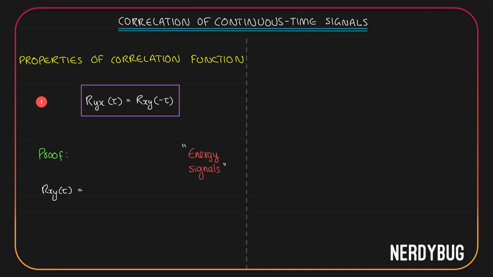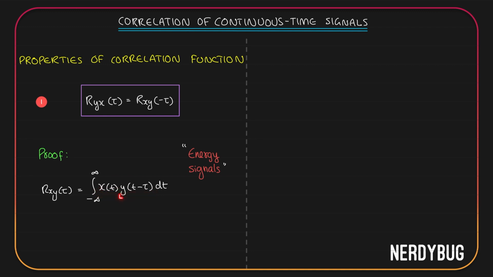r xy of tau is defined as integral from minus infinity to infinity x of t y of t minus tau dt. We take the product of x of t and y of t shifted 2 units towards the right.